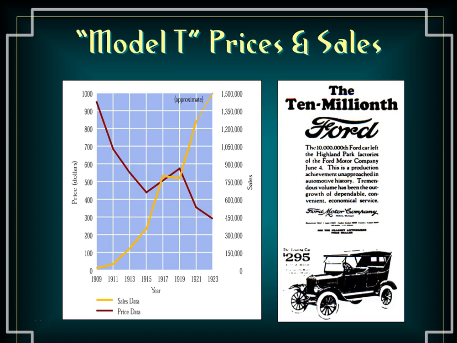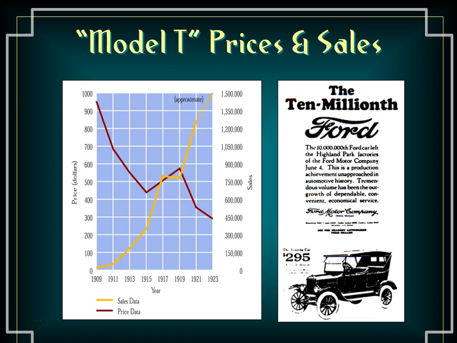And if you look here, you have sales data and price data. In 1909, we'll start there. If you look at the sales data, it really didn't sell any, but look at the price. The price up there was roughly about $950.